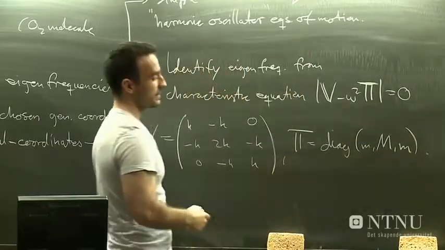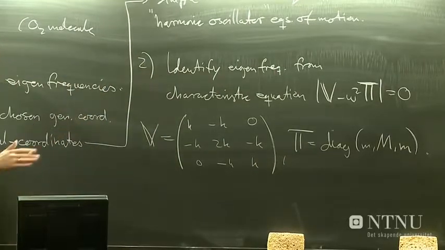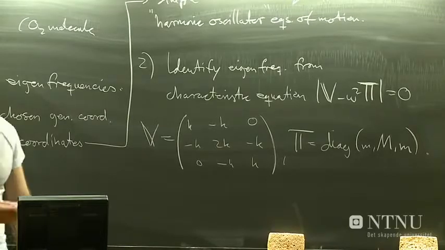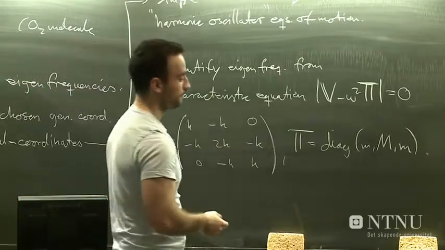So this means that you only have diagonal entries with small, large, and small m, and all other entries are 0.